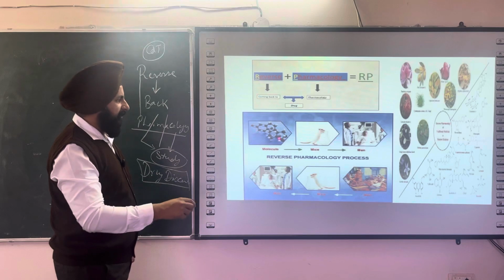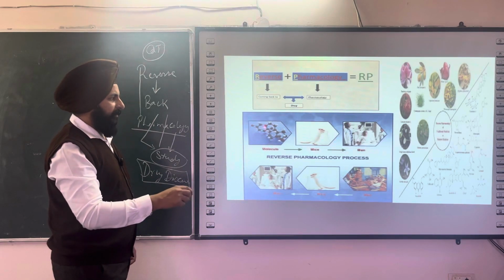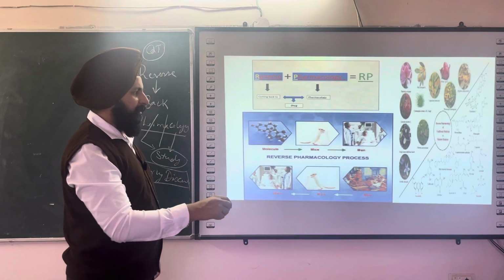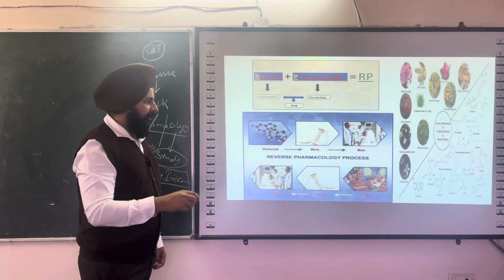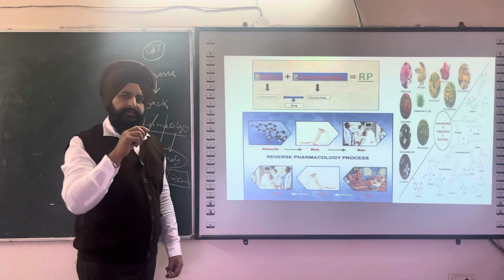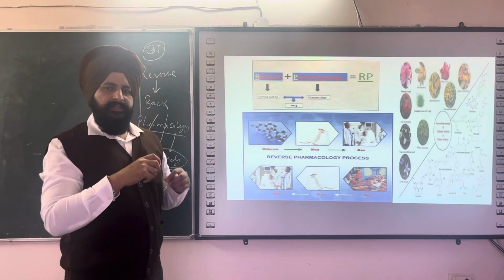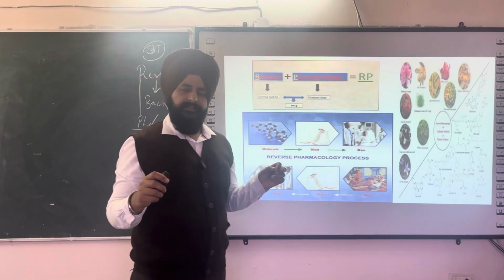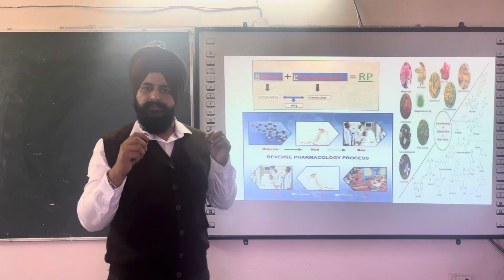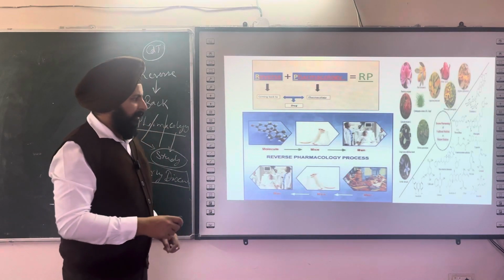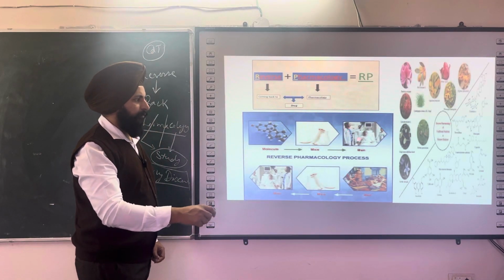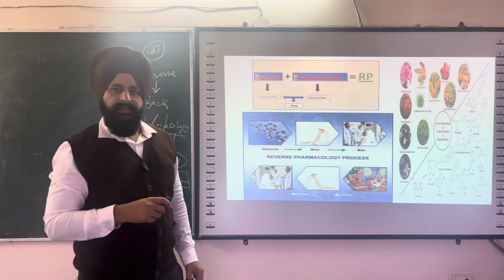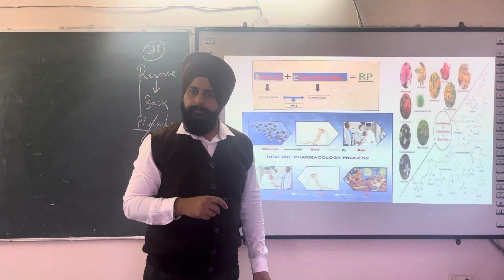Suppose you synthesize a molecule and you go for preclinical analysis, and the drug passes the preclinical analysis, that means pharmacokinetic analysis, pharmacodynamic analysis, toxicity profiling, and so on. Afterward your drug moves to the clinical trial and is available for clinical practice.